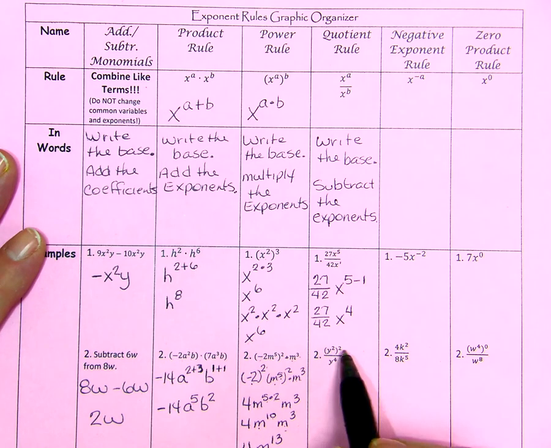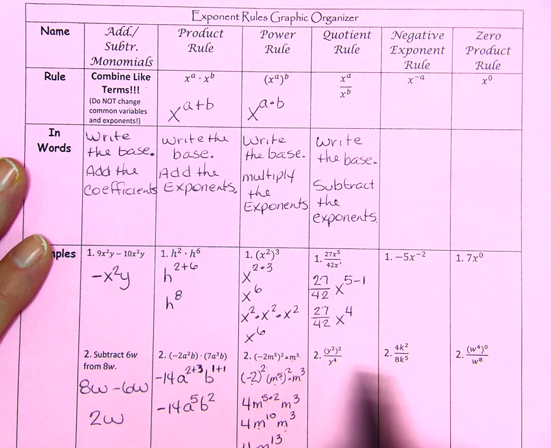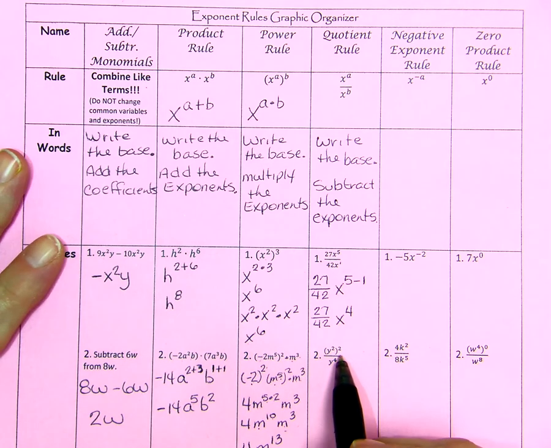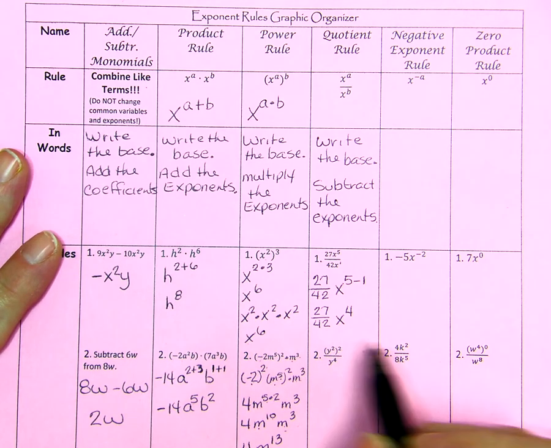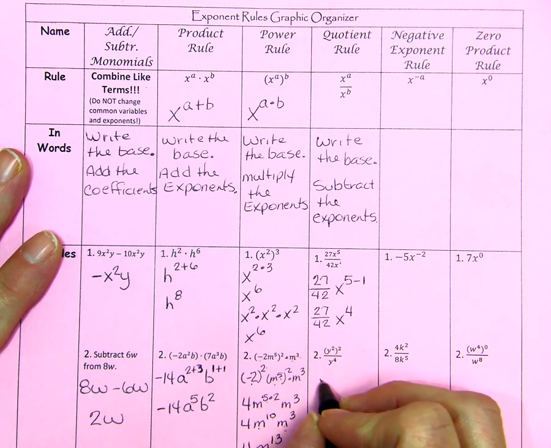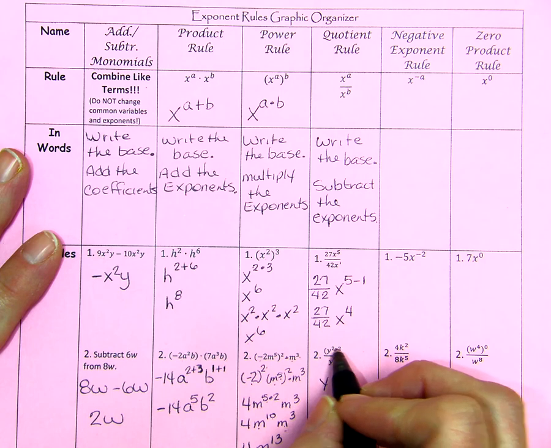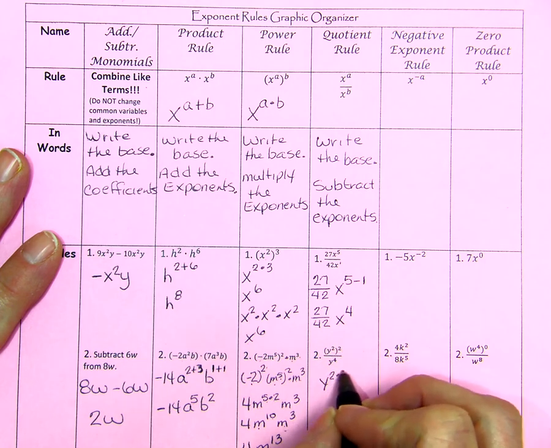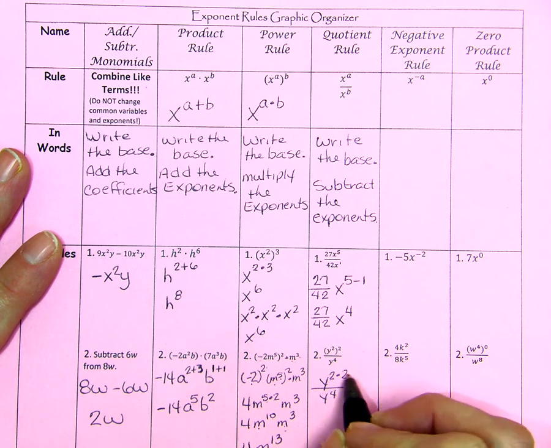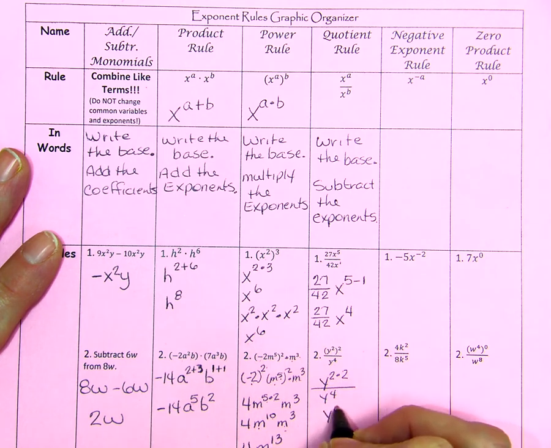Y squared, squared, all over y to the 4th. We now have two rules happening. In the numerator, we have a power rule going. It is an exponent raised to an exponent, so we can take these right here and multiply them together. 2 times 2 is 4, so we have y to the 4th over y to the 4th.